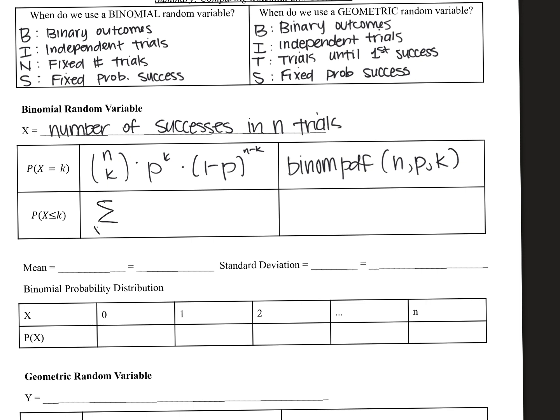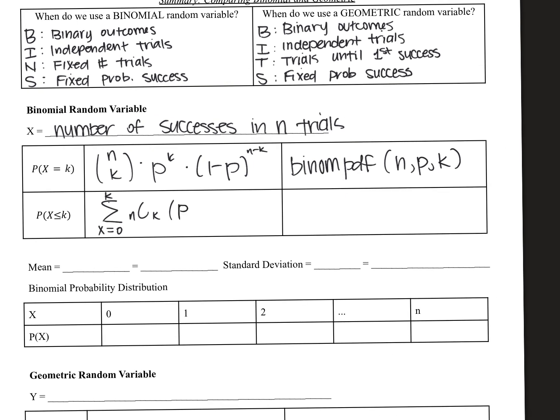You start with x equals 0 all the way up to k, and do n choose k times p to the k times 1 minus p to the n minus k, and you plug in n and p as well. Or binomial cdf with n, p, k.